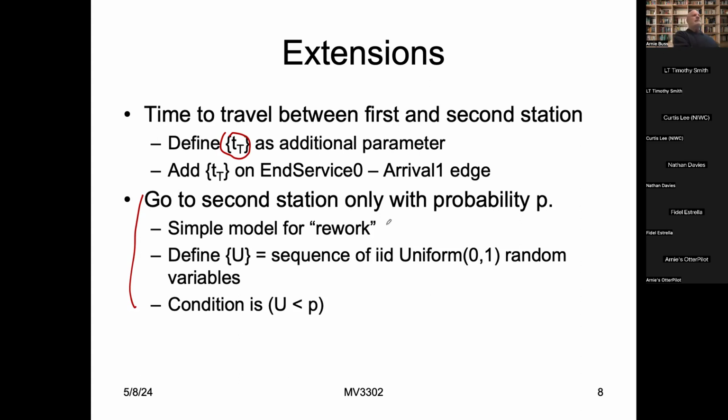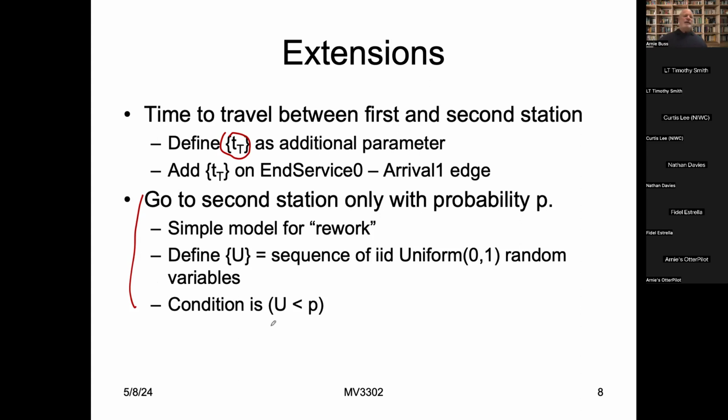There's a separate rework facility or server who does that. Okay, you can go way down the rabbit hole with this kind of stuff. But this also introduces a useful little modeling snippet: when I have a certain probability of scheduling the next event, how do we model that?